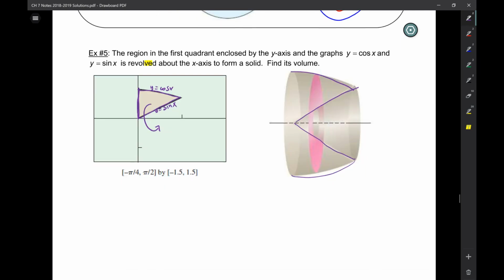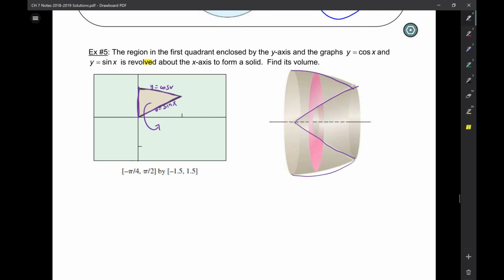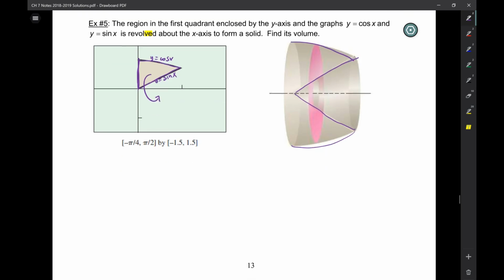So what I want to do is this. How much is the big radius here? Well, the big radius, big R, is the distance from the x-axis to the curve that's farthest away. So it's cosine x.